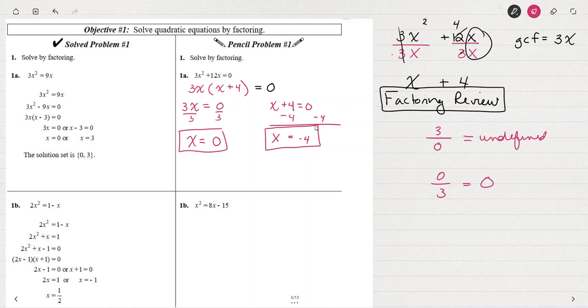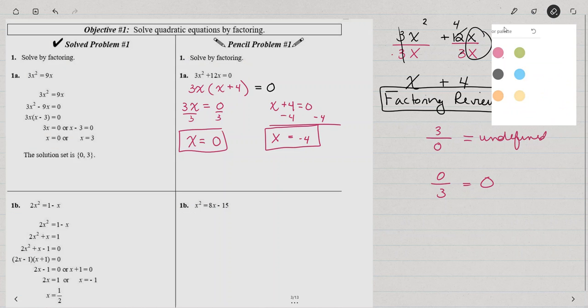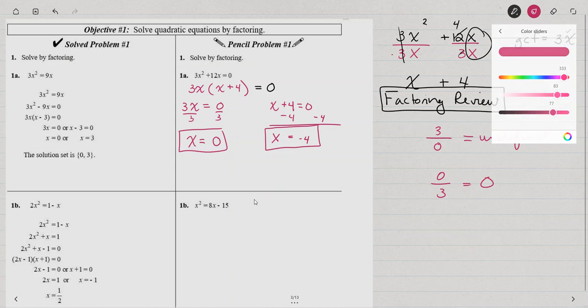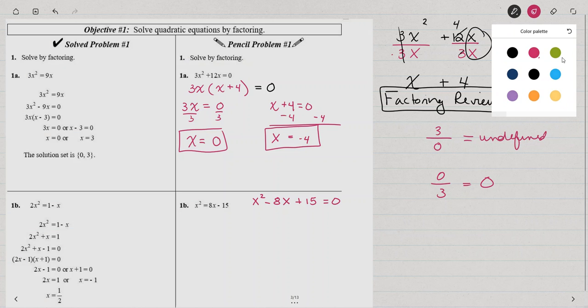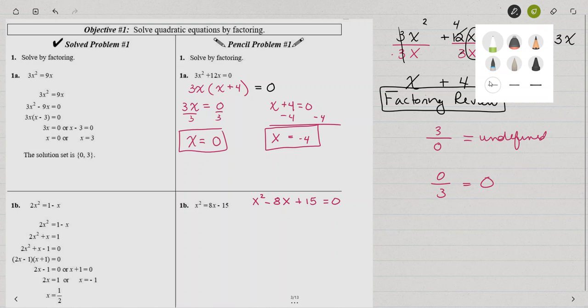Let's try this next one. The first step is to set it equal to 0. So I'm going to subtract 8x and add 15 to both sides so that I can move those over to the left. What I would get when I do that is I'd have x squared minus 8x plus 15 equals 0. Let me show you that.